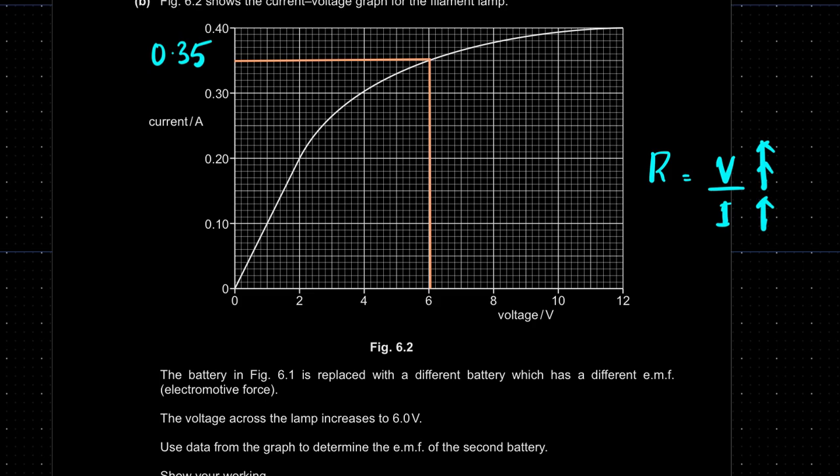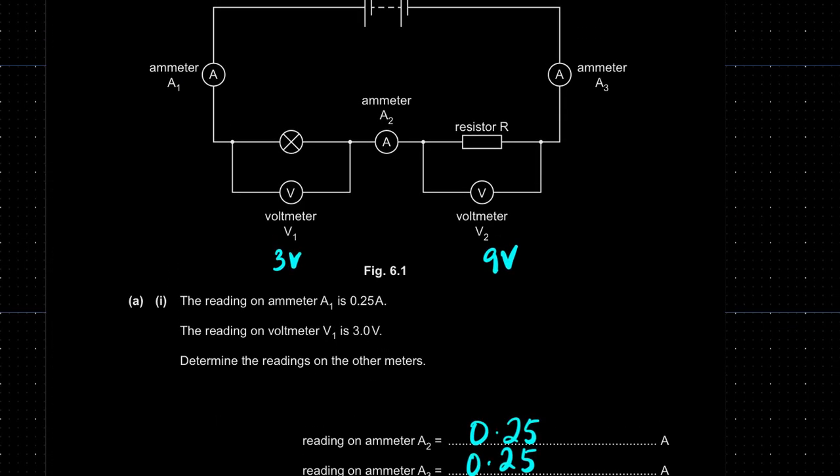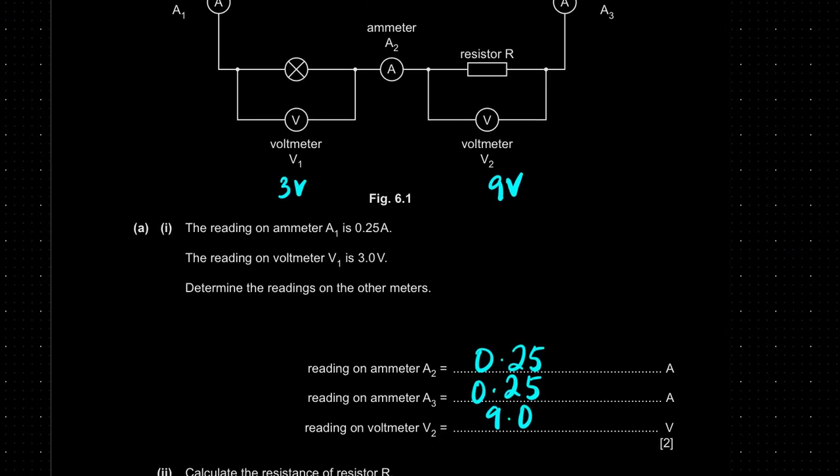Now let's go back to the circuit, because this is now a different voltage source. For the filament lamp, this is the 0.35 which goes through this. And as we discussed, that's also the current which is going to be flowing through the resistor. Now we just found out the resistance of the resistor, and we can also very easily find out the resistance of the filament lamp.